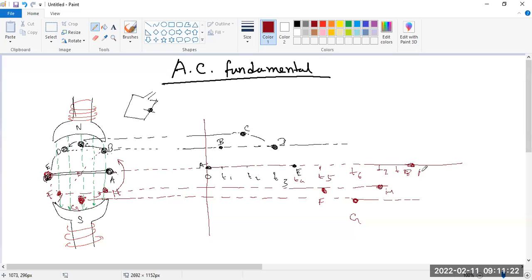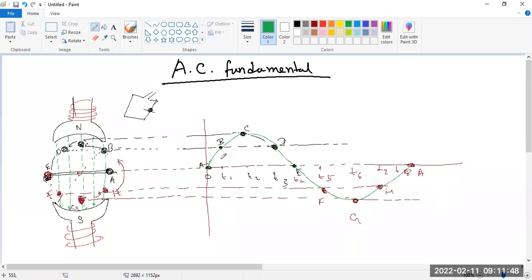So this is H, again A. If you draw a continuous line, because this is a continuous line, but we consider some specific points, that's why it gives you discrete points. But if you add this continuous line, you can see it is giving you the sine wave.